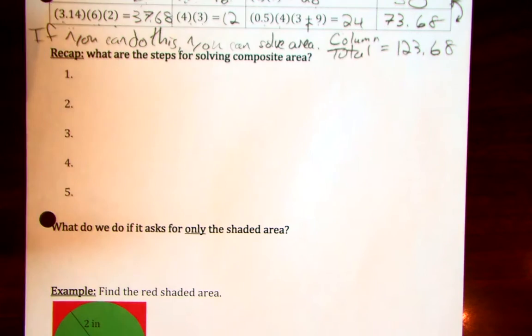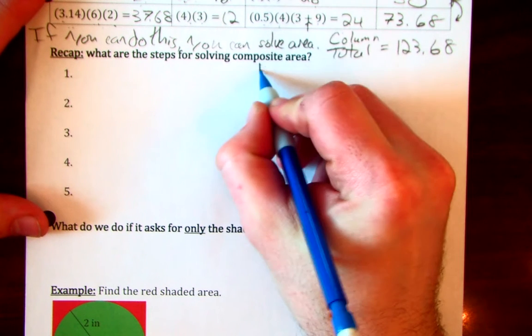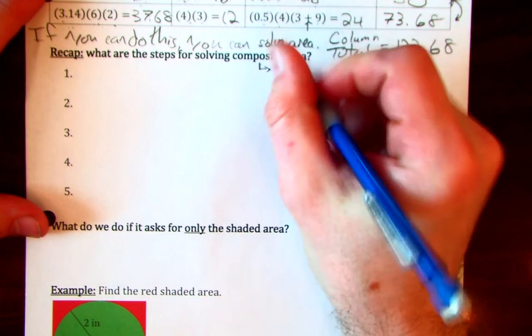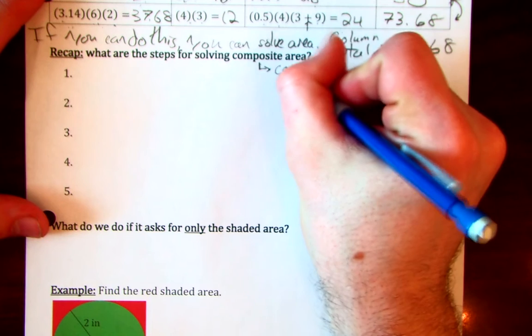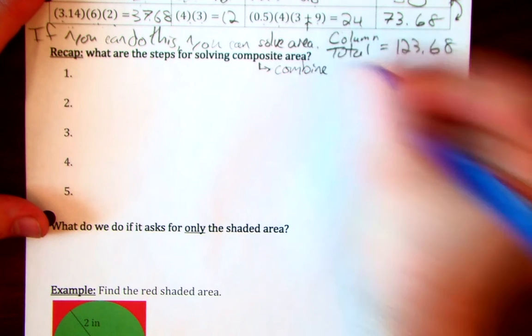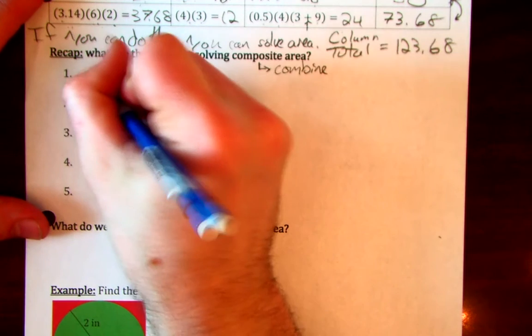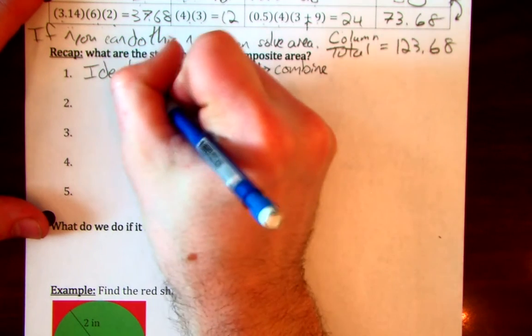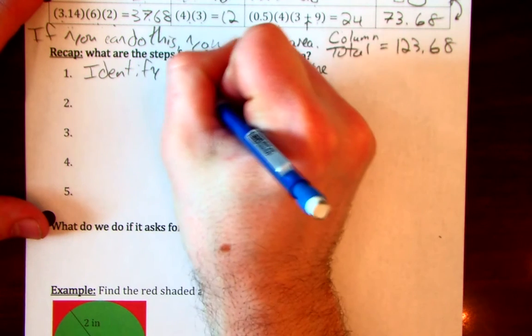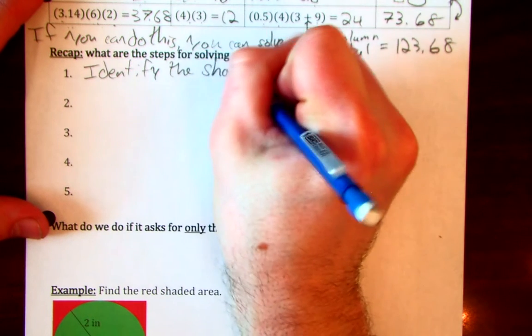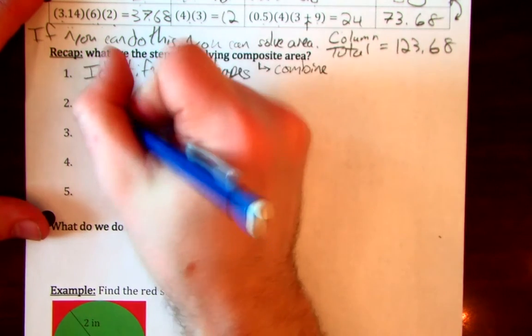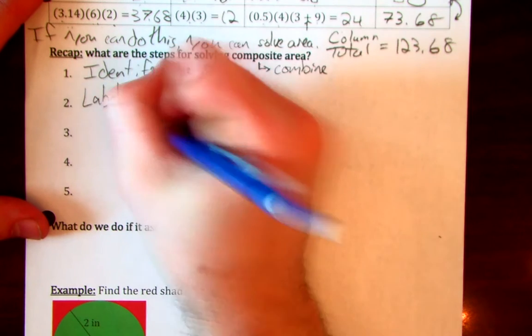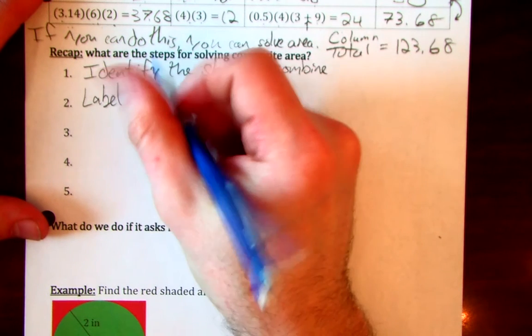All right, and just as a quick recap, what are some of those steps involving solving composite area? Well, composite means, and you can think about it as a compound word, it just means combine. All right, so first step, identify the shapes. We need to label the shapes, and we'll go through this example as well.